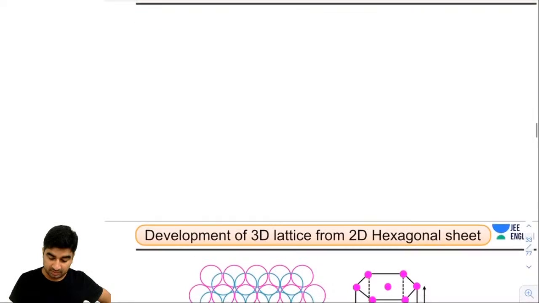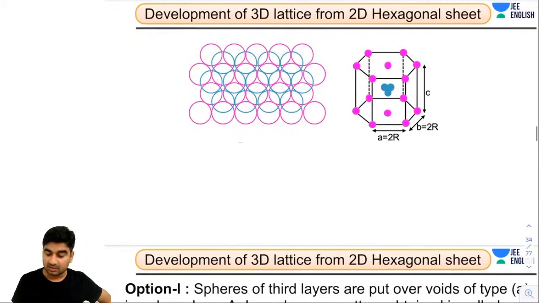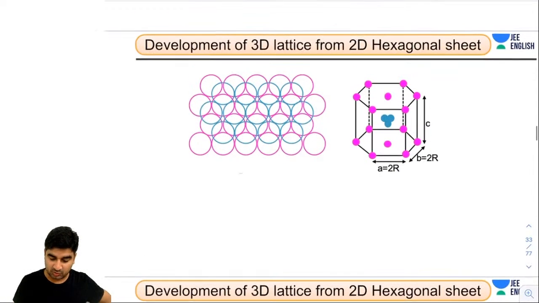So now, development of 3D lattice from 2D lattice. Now I will show you here.